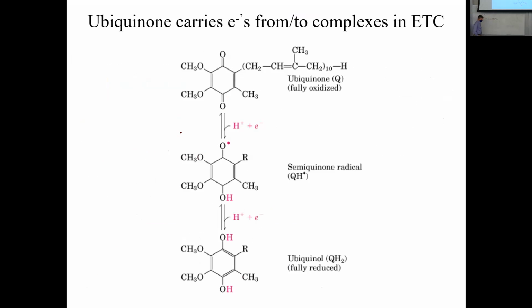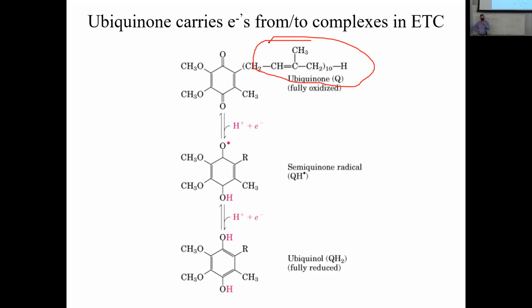All right, there are many copies of a molecule called ubiquinone or ubiquinol, depending on its oxidation state. As you can see, it has this long hydrophobic chain that sticks off one end of it. This ensures that it is embedded in the membrane.